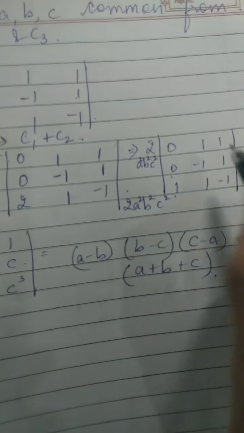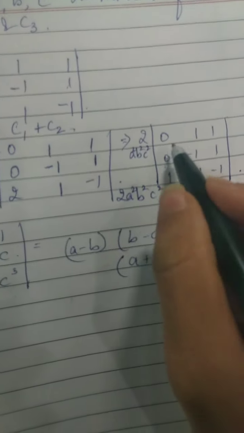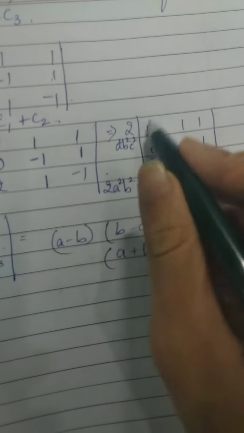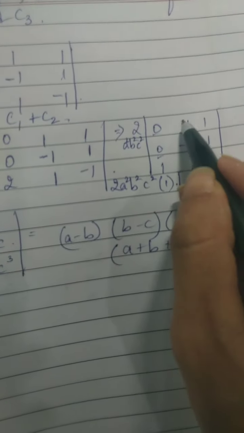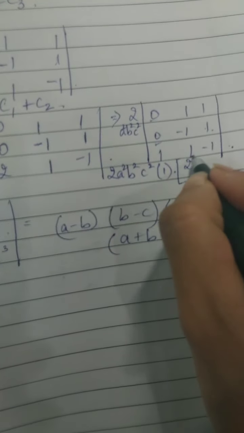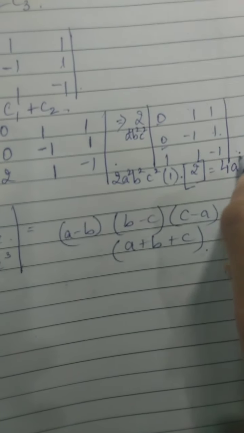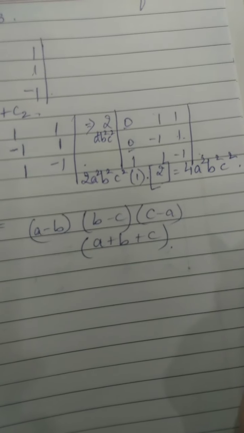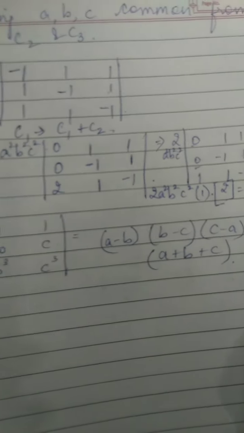We expand along C1 again. So first value 0, second value 0, third value will get 1, and that too positive. Eliminate this. This is 1 minus minus 1, so that's 2. So this is equal to 4A square, B square, C square, and that was our RHS to be proved. Hope it's clear.